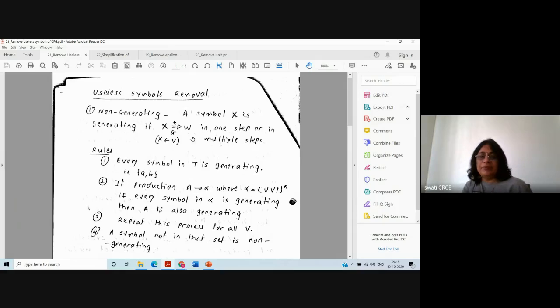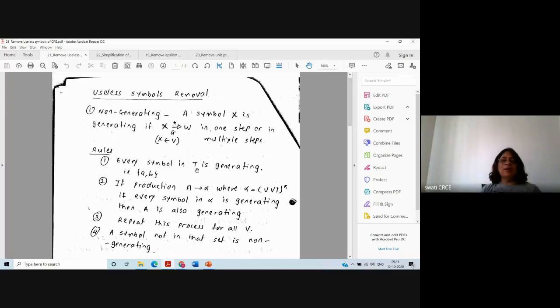So they belong to capital T. These non-generating symbols, they belong to capital T. So from capital T, the symbols which are useless and which are not generating anything, the symbols which are not generating any terminal symbol is called a non-generating symbol. Okay, I'll just repeat this again.